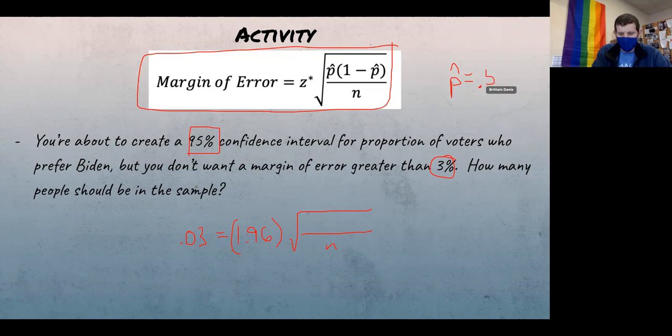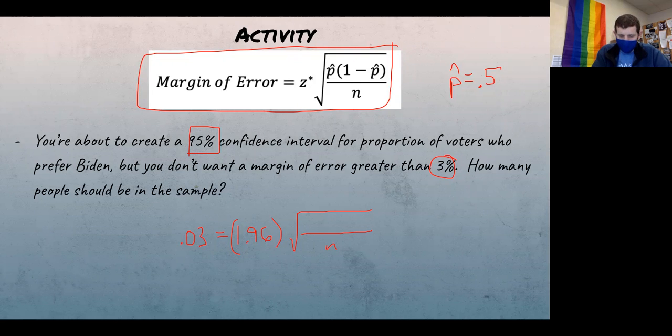Now there's a couple of reasons for that. If we don't know what the true proportion is, or what the p-hat is going to be, then 0.5 makes it 50-50, and that's kind of a safe thing to use. But mathematically, there's a reason we pick that.